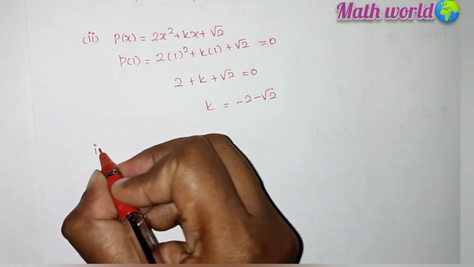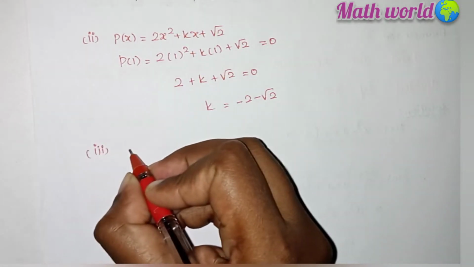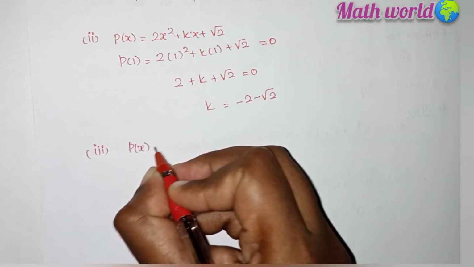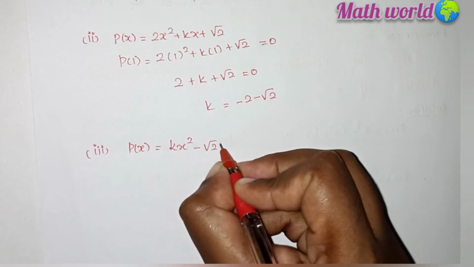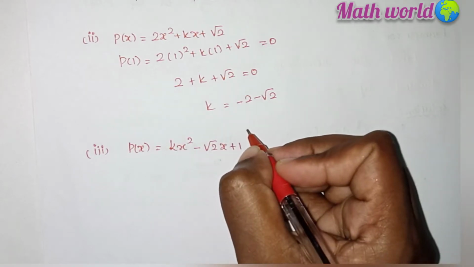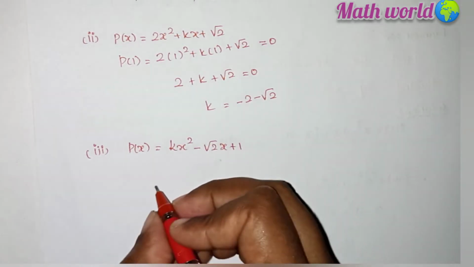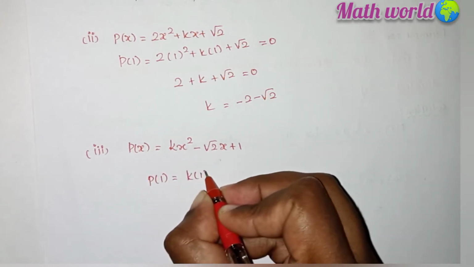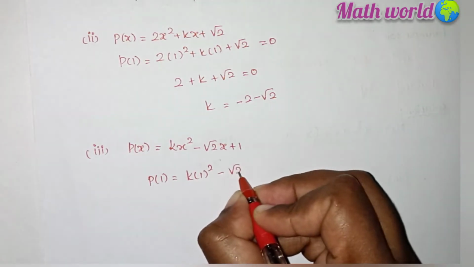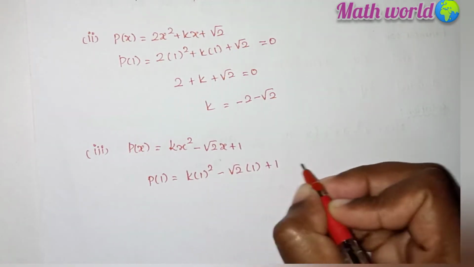The same we can use for the third subdivision. Third subdivision is P of x is equal to kx square minus root 2x plus 1. So that same x value we can substitute here. So P of 1 is equal to k into 1 square minus root 2 into 1 plus 1.